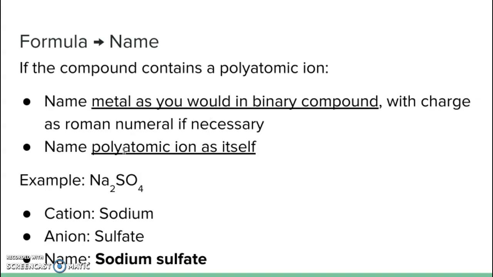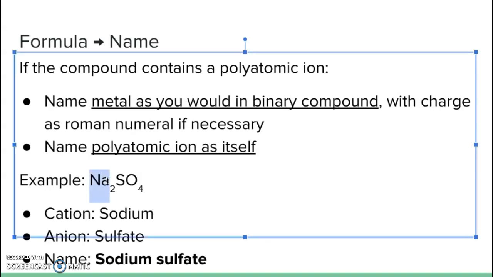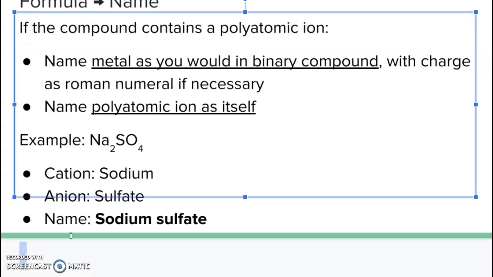Then if I have a polyatomic ion, I just look up, if I see SO4 here, on my polyatomic chart, I'm going to see that it's sulfate. So in this example, my metal here is sodium. I know it's not transition, so I don't need to put my Roman numerals. And then I have sulfate. So my name is just sodium sulfate. It's that easy.